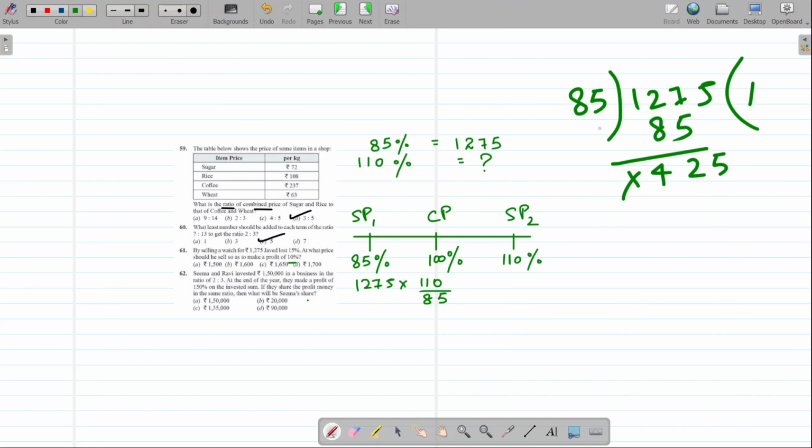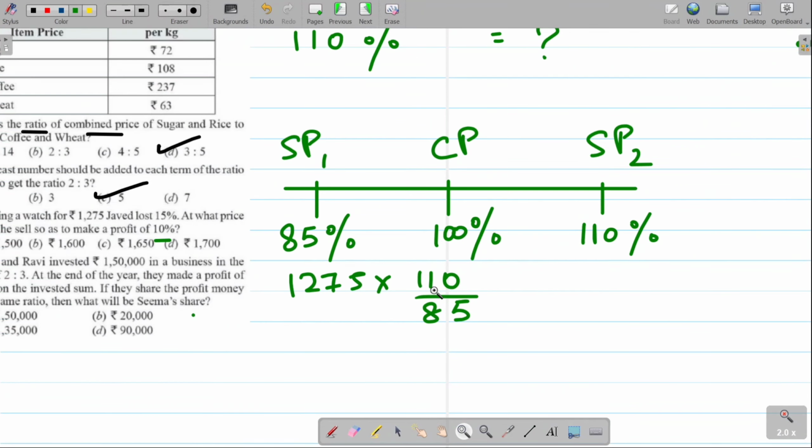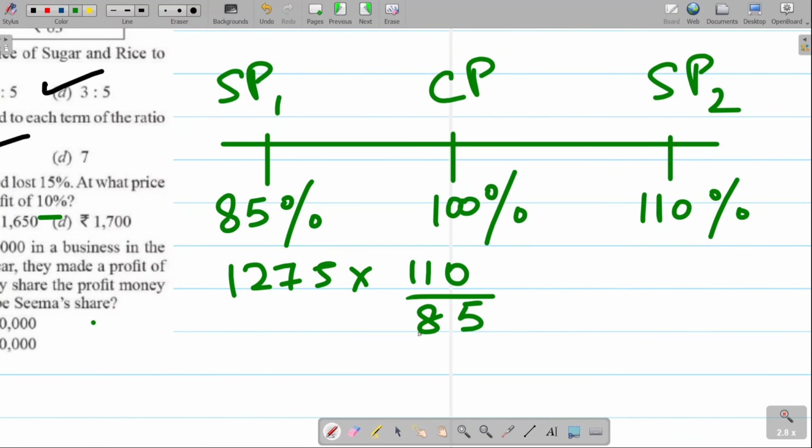So 85 into 5 is what? 5 5s are 25, we have 2 in hand, 8 5s are 40 plus 2 is 42. This thing comes out as 15.